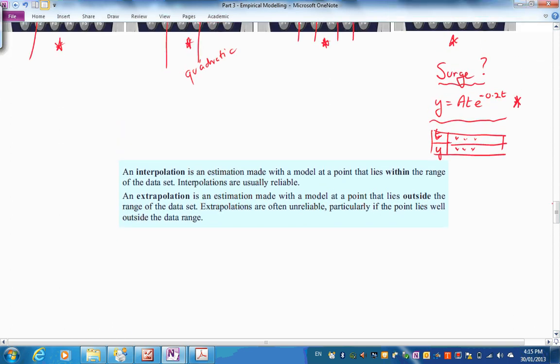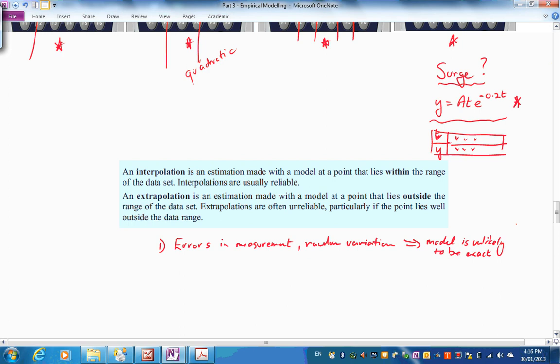Okay, so when we're working with empirical data and we develop a model, some things can happen. First of all, we've got errors in the data, in measurement perhaps, or random variation in the parameters. So those things imply the model is unlikely to be an exact fit.